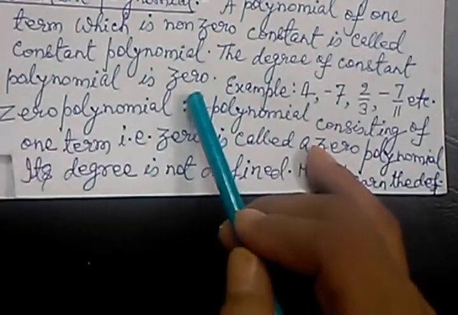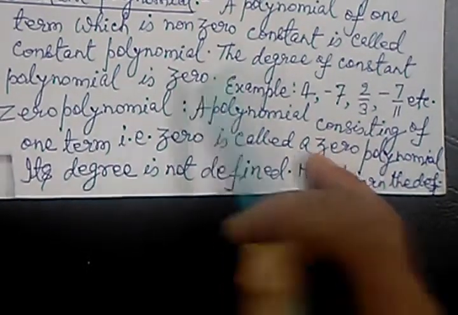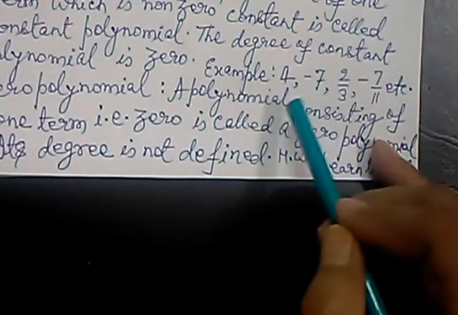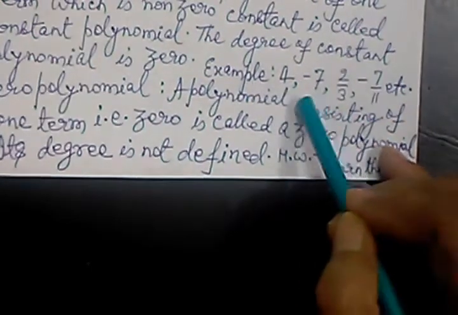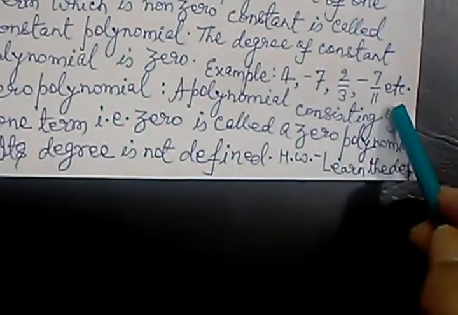The degree of the constant polynomial is 0. Always remember this. What is the degree of a constant polynomial? It is 0. Then coming to the examples of constant polynomial, suppose it is 4, minus 7, 2 upon 3, minus 7 upon 11, etc. All are examples of constant polynomial.